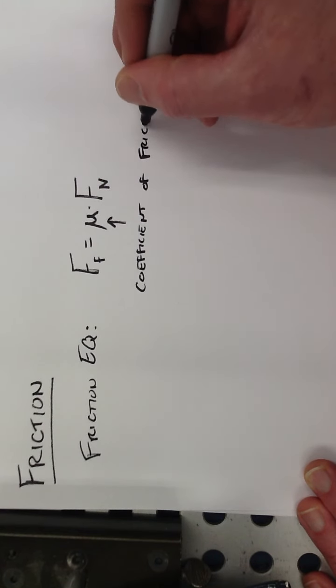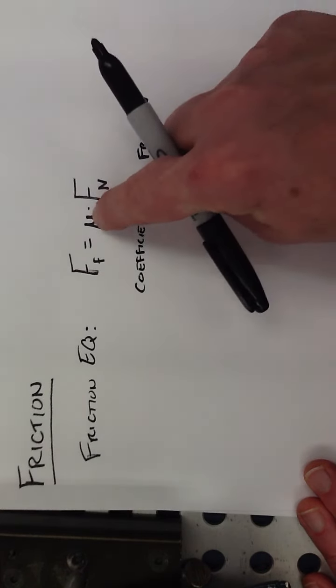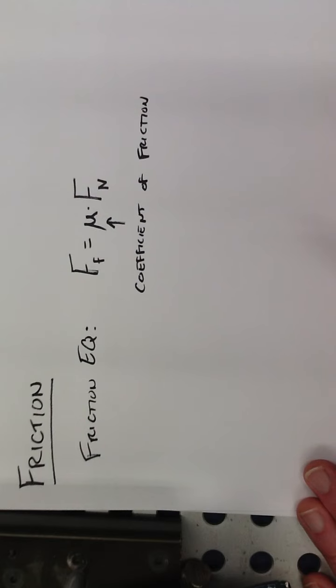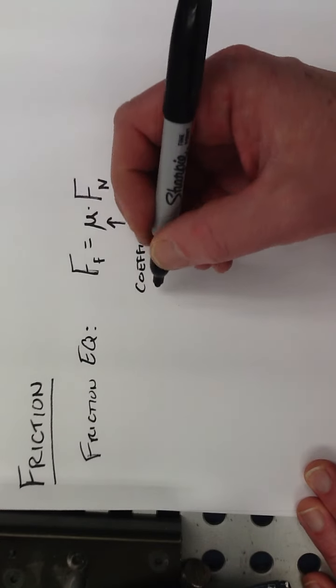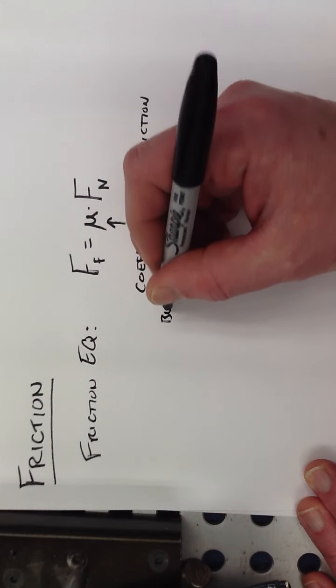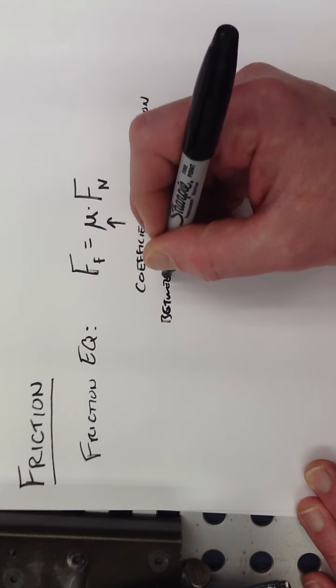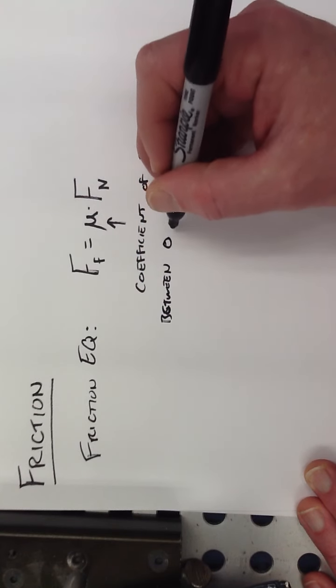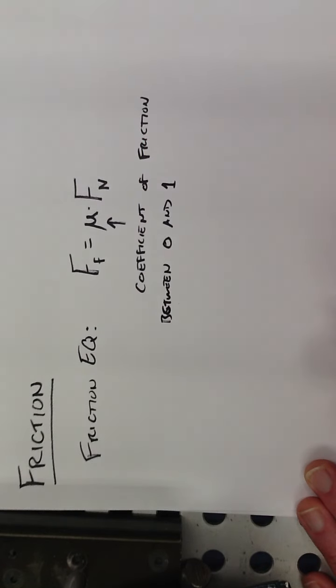Most of the time, in the most common type of problem we're going to look at, you're going to be given that number. What kind of number should we expect there? It's usually between 0 and 1. You really think of it as a percentage.